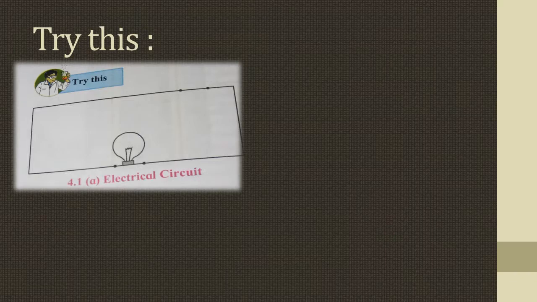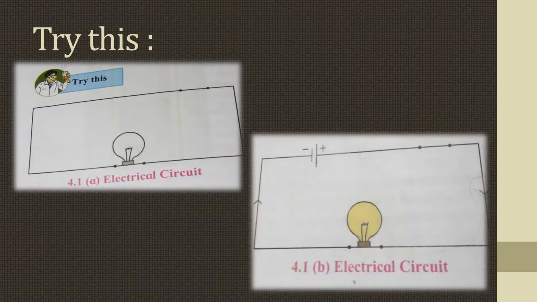Take connecting paper and connecting copper wires, and connect the circuit as shown in figure 4.1a electrical circuit. No current is seen to flow in the bulb. Now connect in the same circuit a 1.5 volt dry cell available in the market as shown in figure number 2.